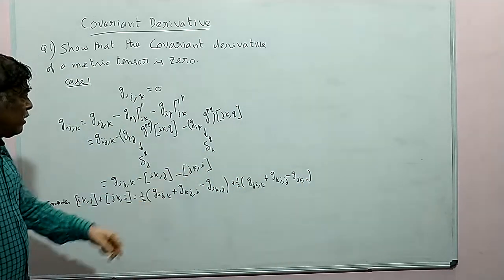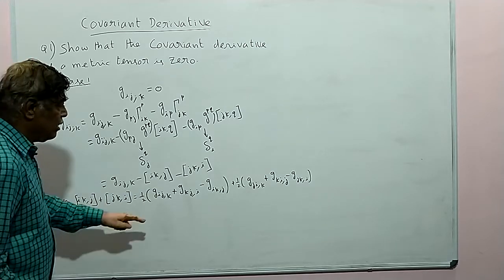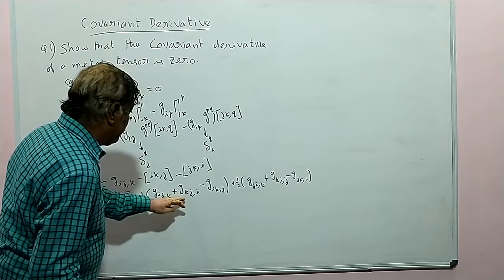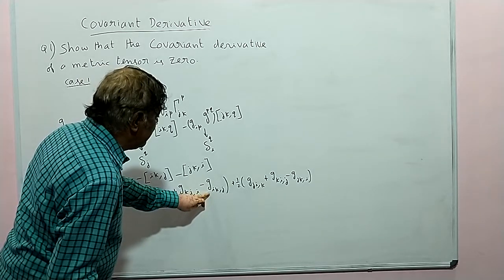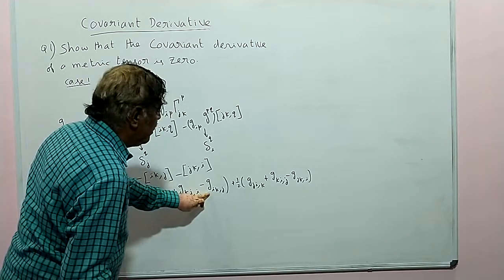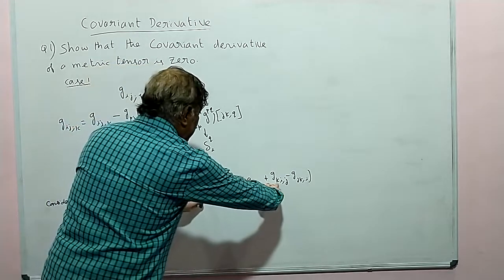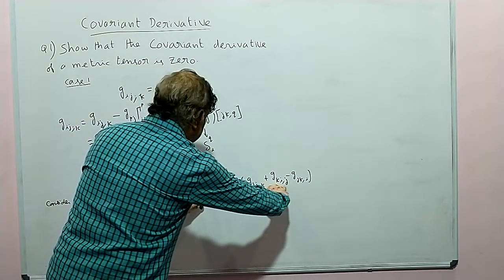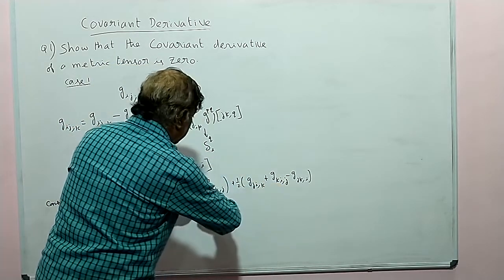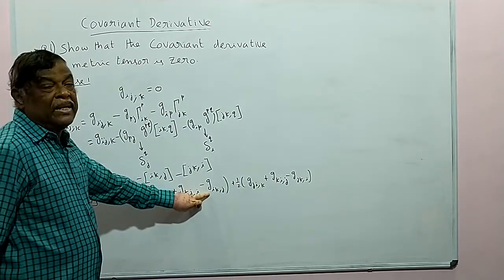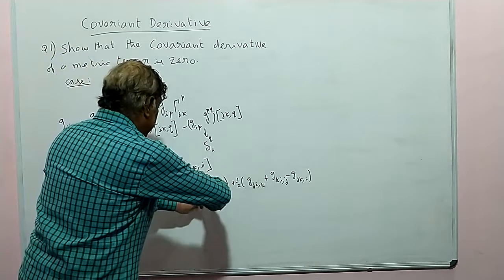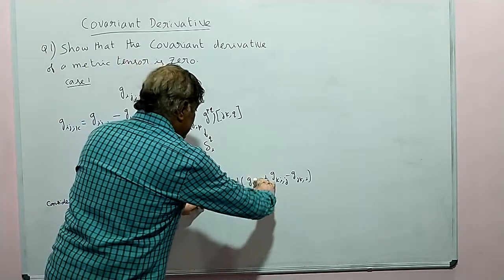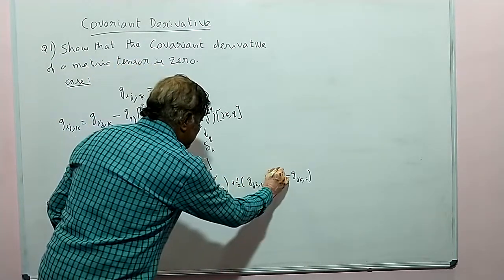So now let us combine these two terms. Here there is minus g_ik comma j, and here g_ki comma j. g_ik is equal to g_ki, since the metric tensor is symmetric. So there is a negative sign here and a positive sign there, and these two terms cancel.